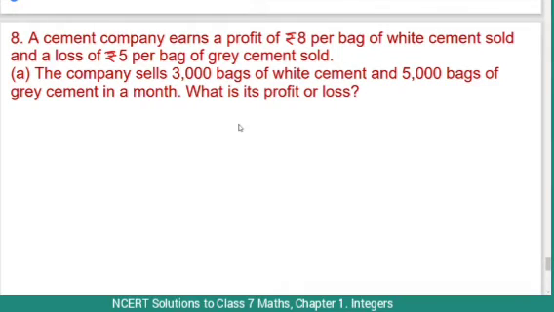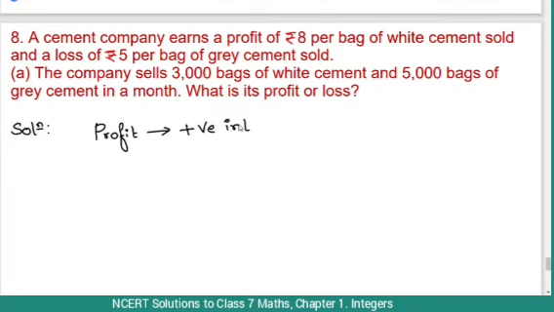What is its profit or loss? Solution. For profit we will take positive integer and for the loss we will take negative integer. Profit means positive integer and loss means negative integer.